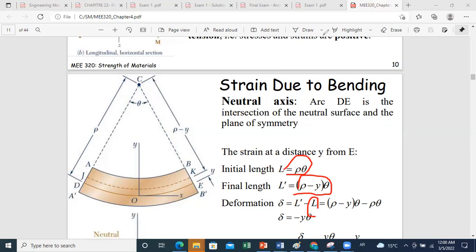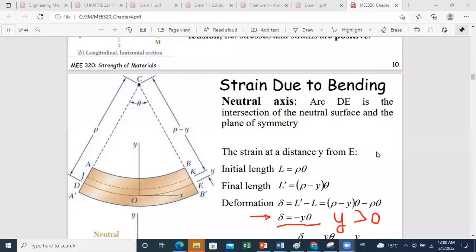And then we can say that the deformation undergone by any line is equal to minus y theta. For y positive, you have a negative deformation, which is due to compressive effects. And for y negative, which is below the neutral axis, this will correspond to an increase in length. So you will get a positive deformation.